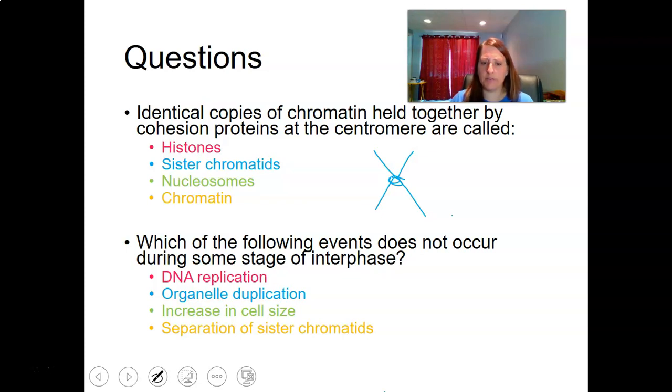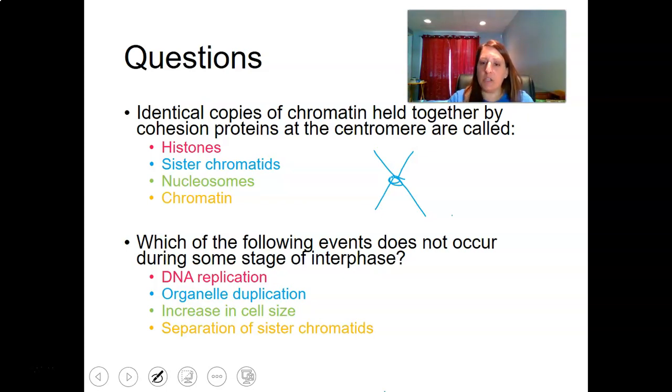Okay, so hopefully you answered that orangish yellow, separation of sister chromatids. That doesn't happen now. When does that happen? Hopefully you answered anaphase, right? Anaphase is the phase where sister chromatids are pulled apart, where those cohesin proteins are broken down and they can actually be pulled apart. The rest of those are correct.